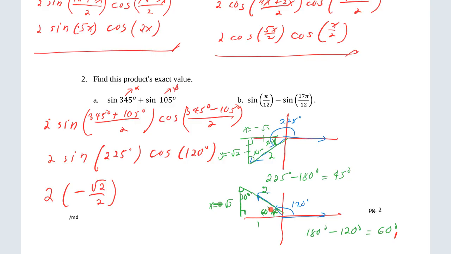Actually, I'm sorry, that is not the x value, definitely not, because this is vertical. So the x is equal to negative 1, and y is equal to positive radical 3. Since this is in quadrant 2, x is negative. So according to the definition of cosine, cosine is adjacent over hypotenuse, and adjacent to 60 degrees is negative 1 over hypotenuse, which is 2.